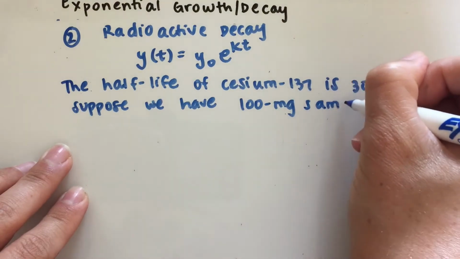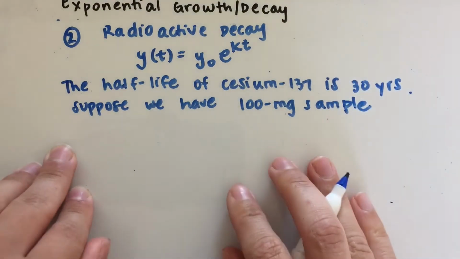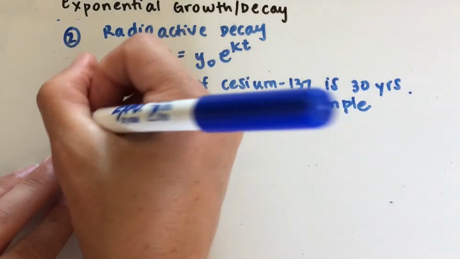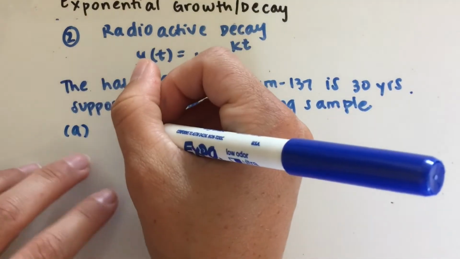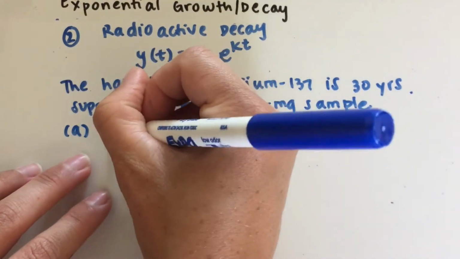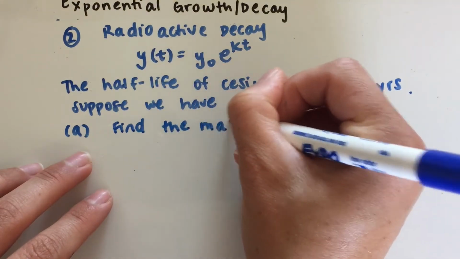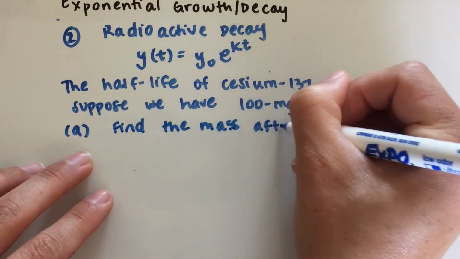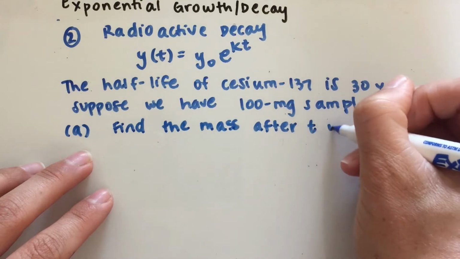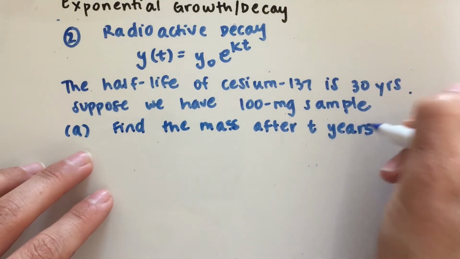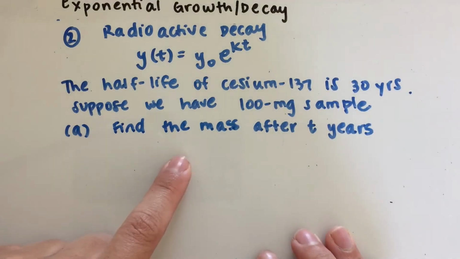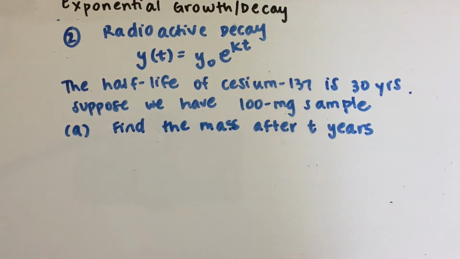The first question asks to find the mass after t years. So here they just want us to find this y of t equation.